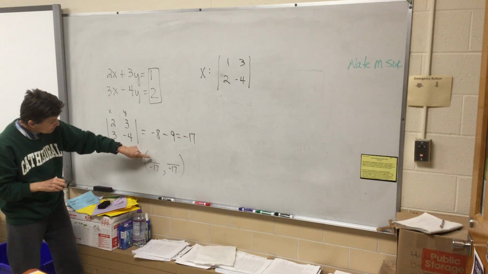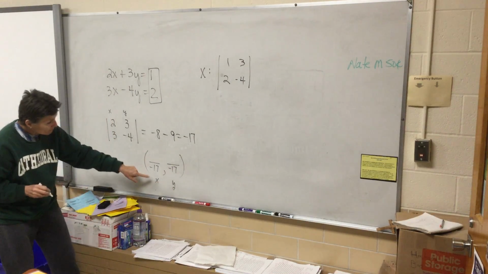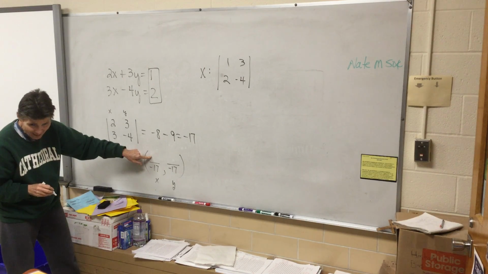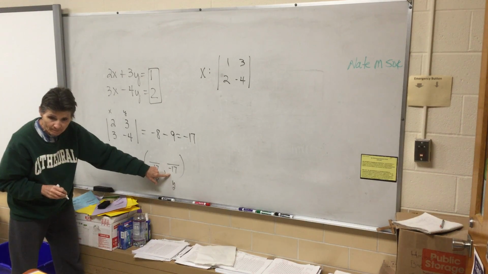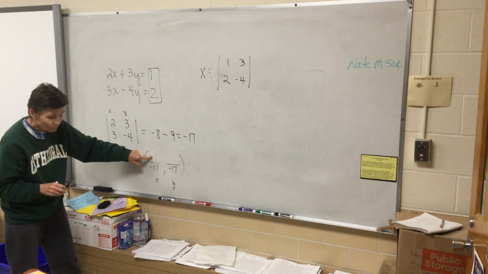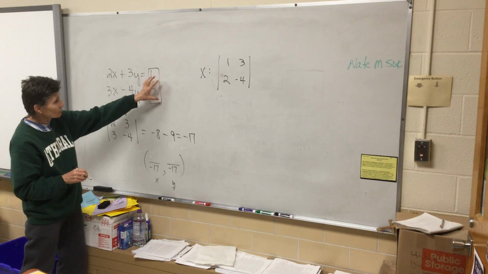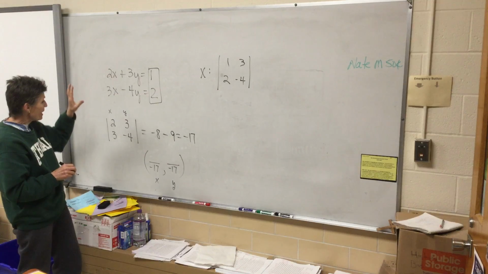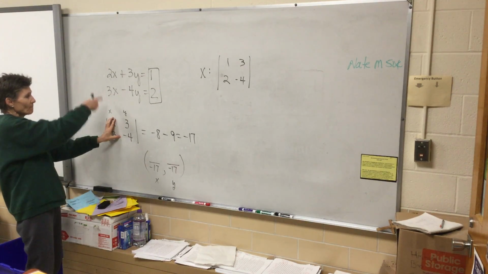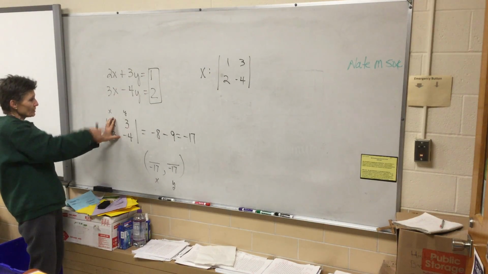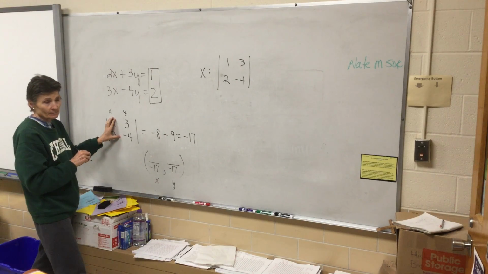So I am looking for the numerator, remember, ordered pair, x comma y. I'm looking for the numerator of my x. I know the denominator is negative 17 for both of them. So I take my constants, these numbers over here, and I paste them on top of the x numbers, the 2 and the 3. So then I have that determinant.